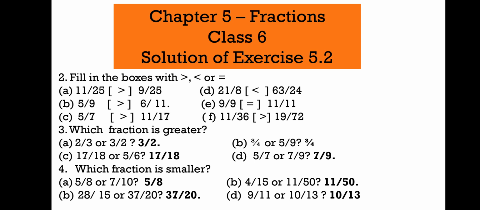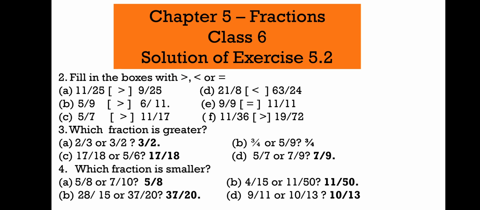So both are equal. Yeah, this is wrong. I'm so sorry. The answer is equal. Even the next one is equal, you can understand that. 9 upon 9 and 11 upon 11. Then it is equal. Please make the changes, children.